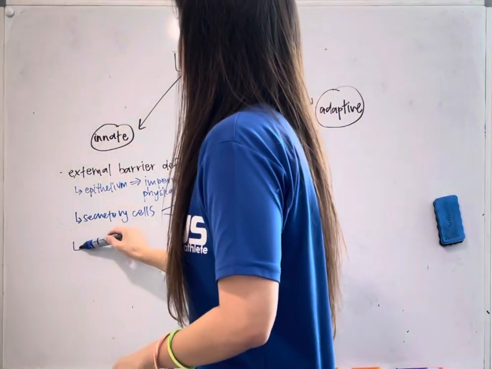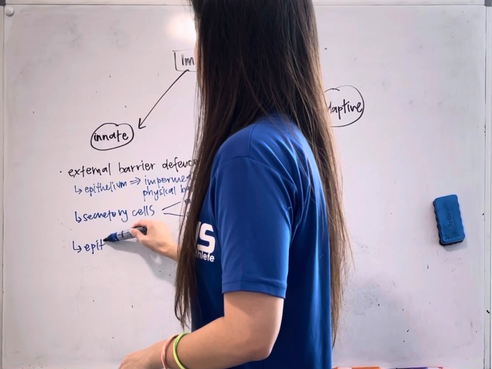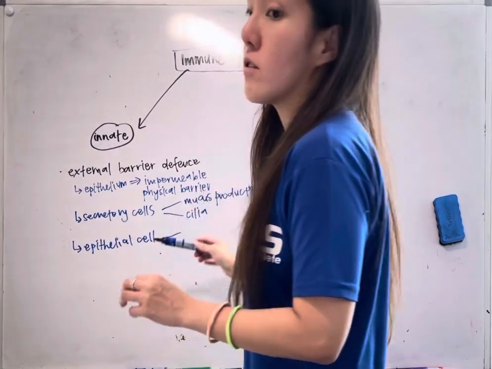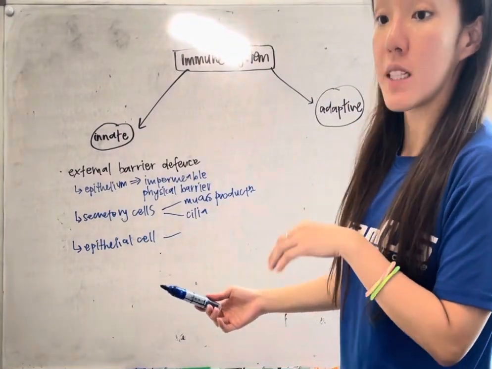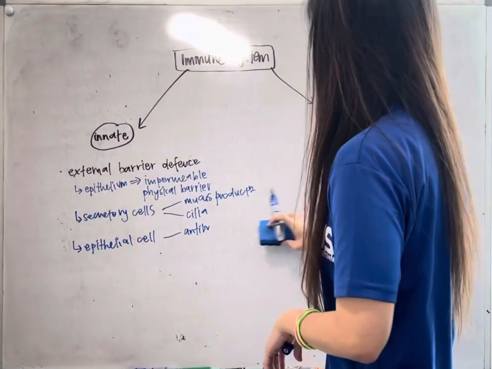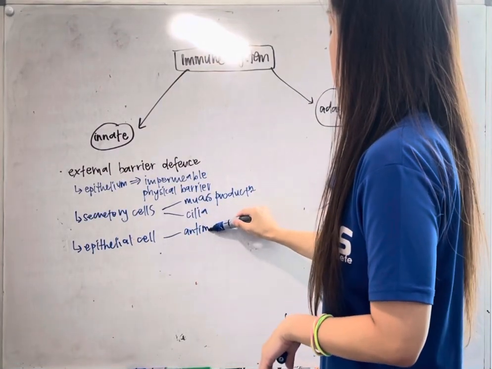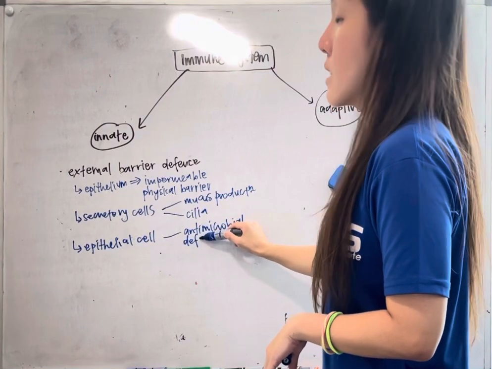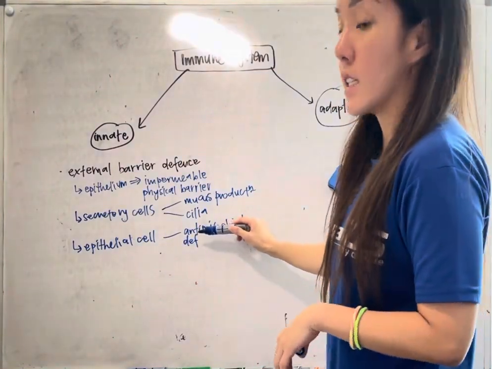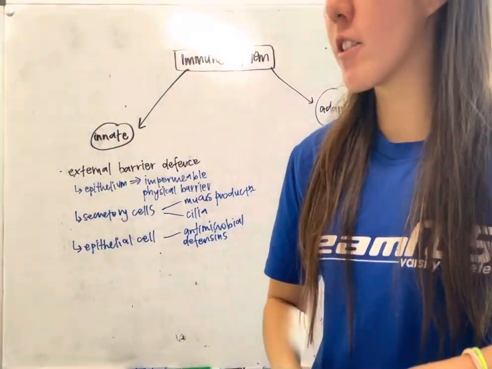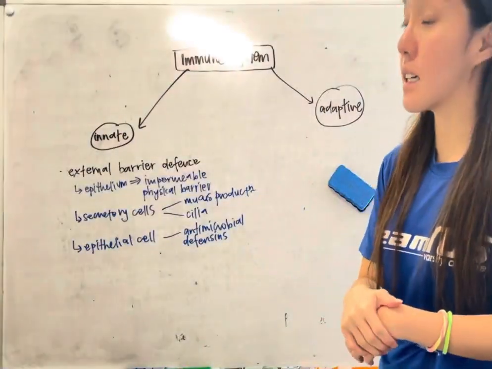Second one, your epithelium cells are able to secrete what is called antimicrobial defensin. Antimicrobial defensin is a substance that can prevent your pathogens like viruses from entering the target cells.